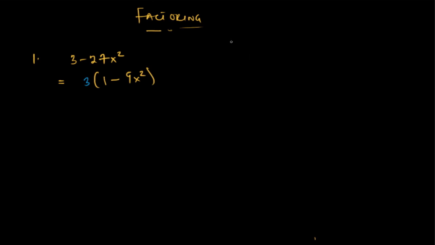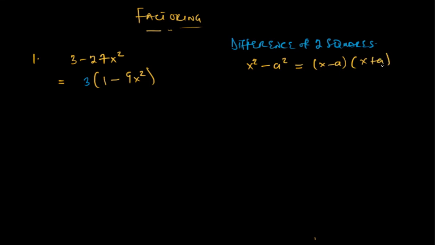You recall one of the formulas: x squared minus a squared is the same thing as x minus a times x plus a. Now this time around we have 1 minus 9x squared.